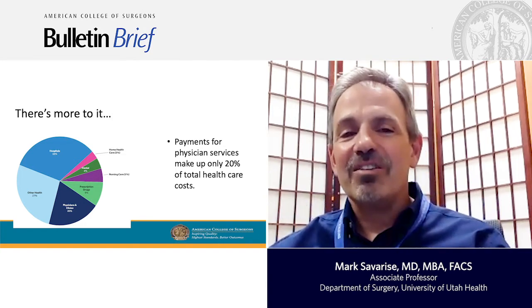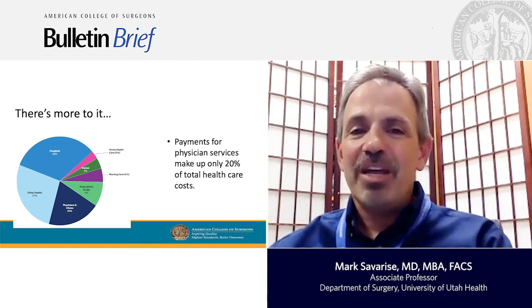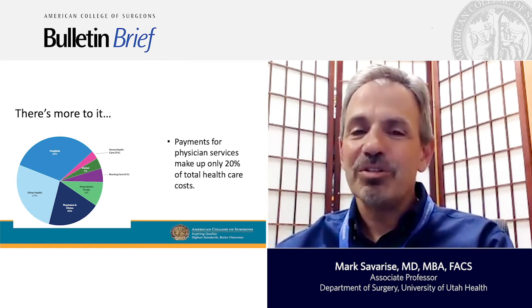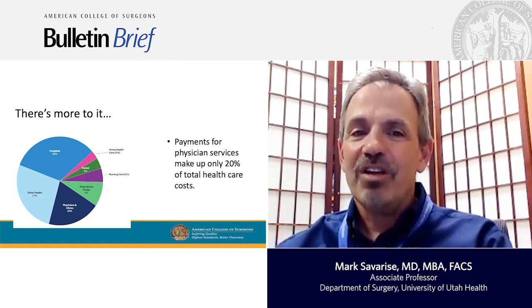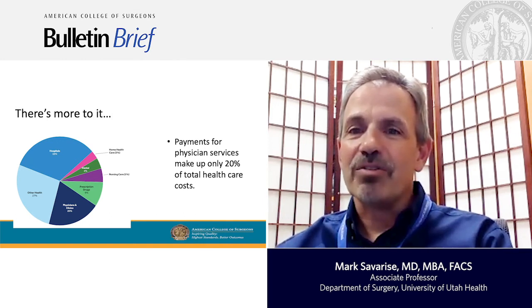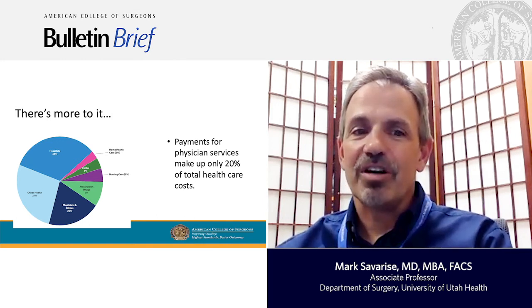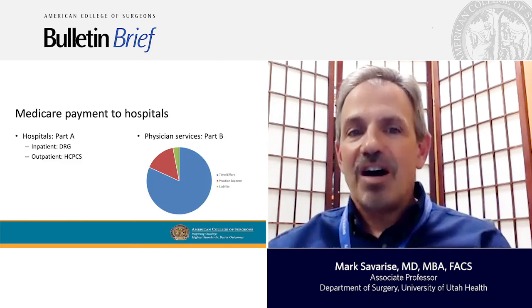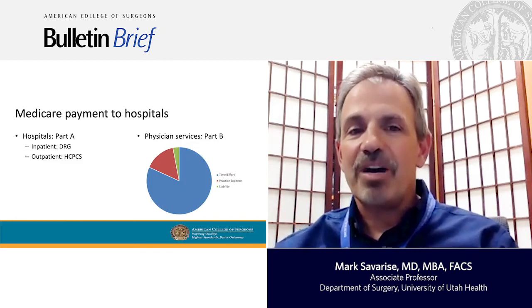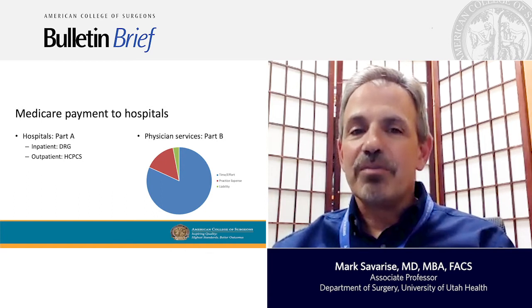So as this graph illustrates, payments for physician services are really only 20% of healthcare costs. They're small compared to hospital costs and other costs that go into it. And even though every year we fight for these physician payments, we are not the primary drivers of increases in healthcare costs. So payment to hospitals, which is the largest piece of that pie, is completely different from physician services.